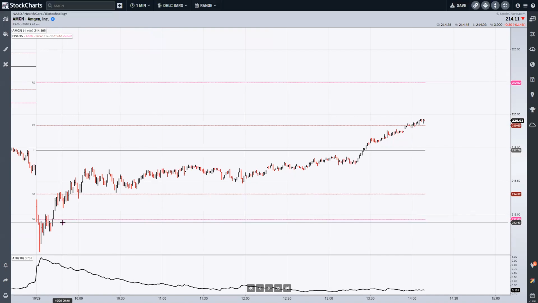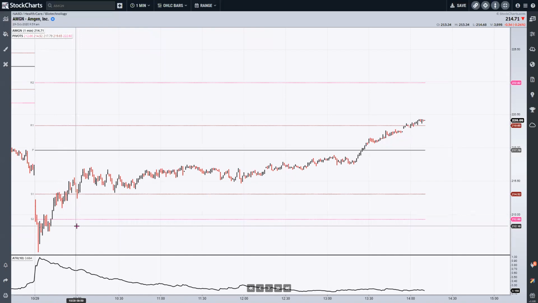At this point, since it didn't really start happening until we got closer to 10 o'clock, we would now look at a 30-minute opening range breakout. A 30-minute opening range breakout means that whatever the high was in that first 30 minutes, which is this bar right here, 215.73, that's now what we need to break for 3 consecutive minutes using 6% of the ATR.